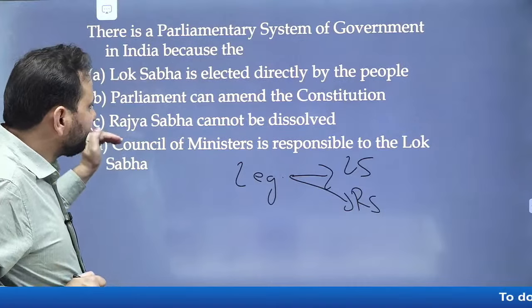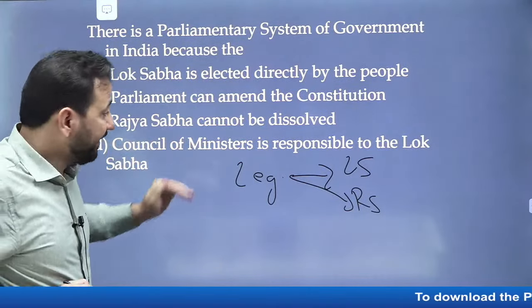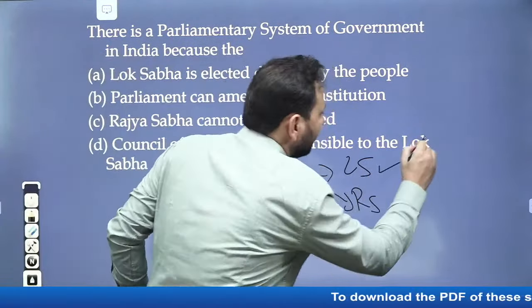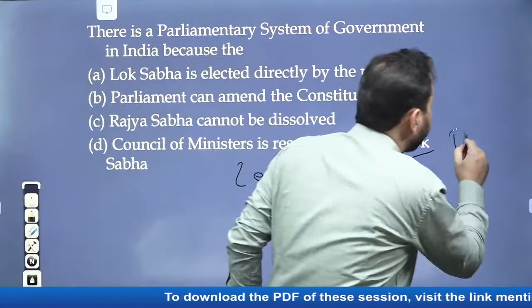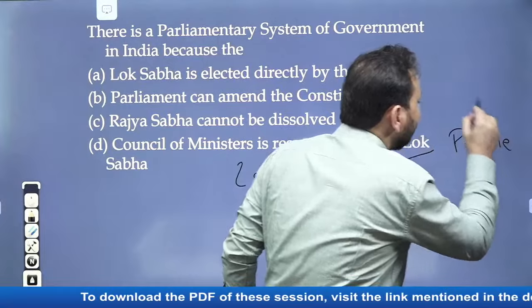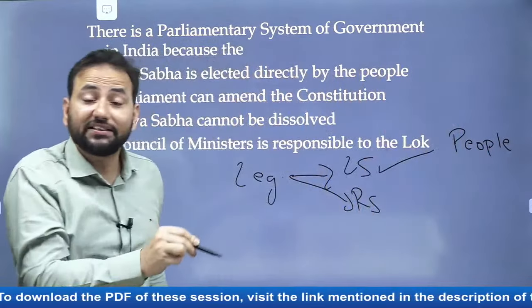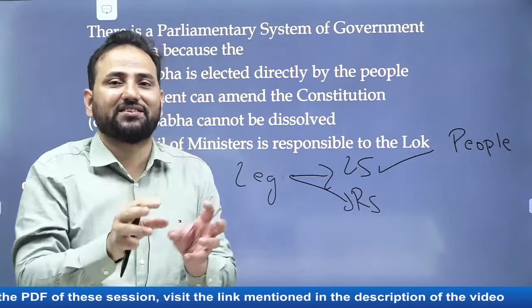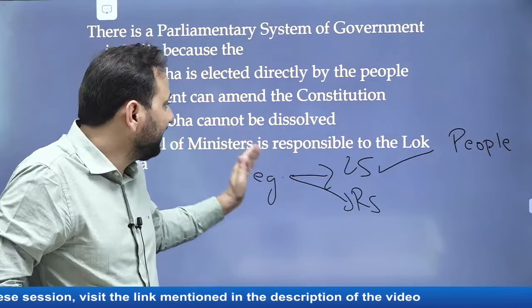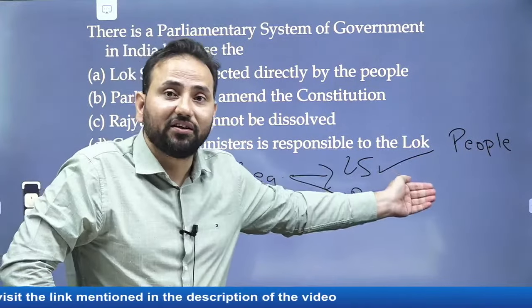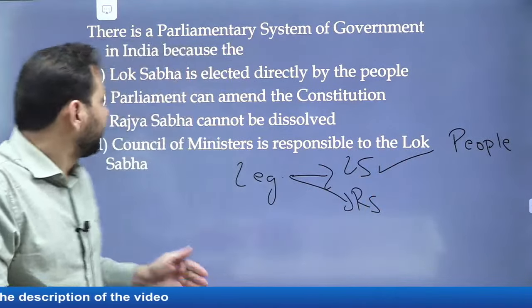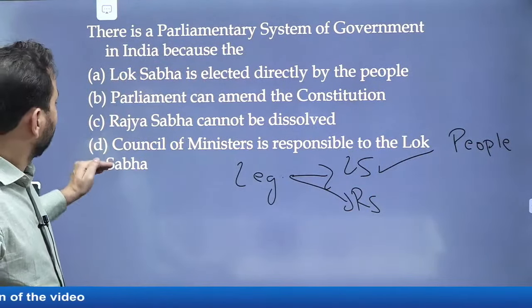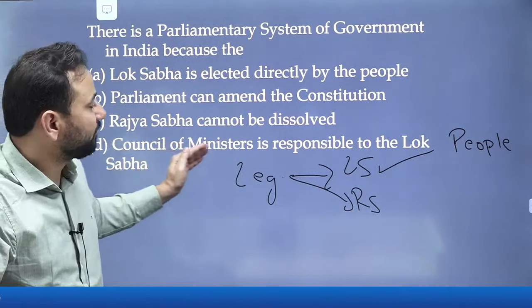When we talk about the Council of Ministers' responsibility, it always lies in the hands of the Lok Sabha. Why Lok Sabha? Because Lok Sabha represents the people directly. They are the representatives of the people. On the other hand, Rajya Sabha is the representative of the states. That is why this responsibility has been given to the House of the People and not the Council of States. So the answer would obviously be D, that is, Council of Ministers is responsible to the Lok Sabha.